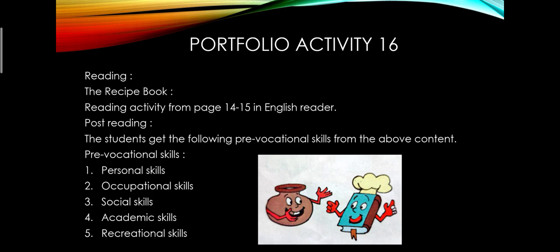Post-reading means after completion of pre-reading and reading activity. Here the students get the following pre-vocational skills from the above lesson. What are the pre-vocational skills here? The personal skills, occupational skills, social skills, academic skills and recreational skills.